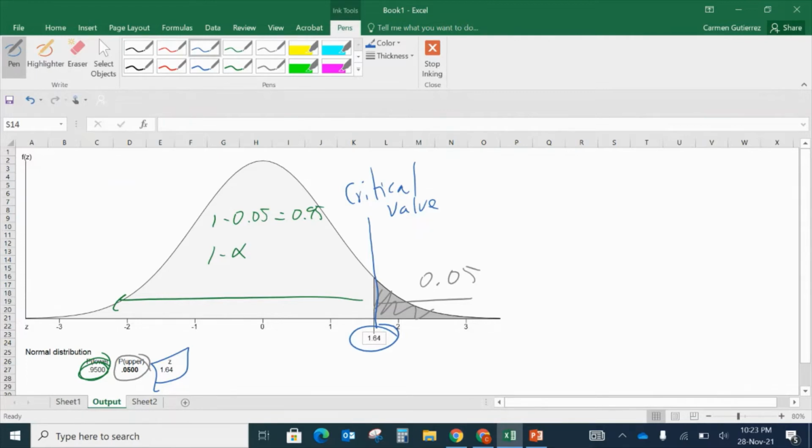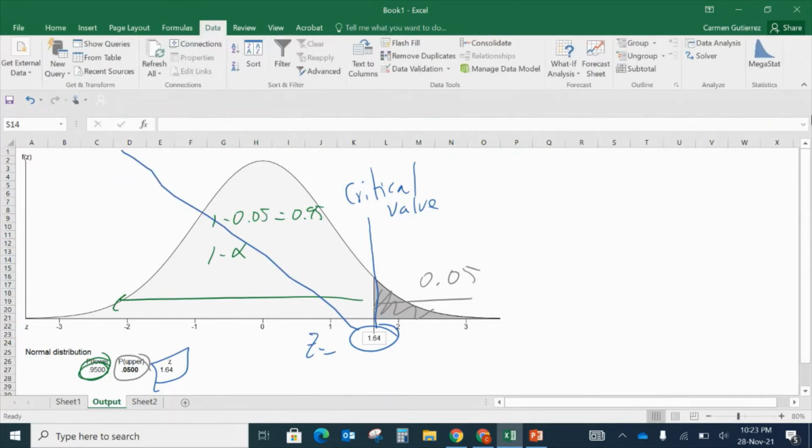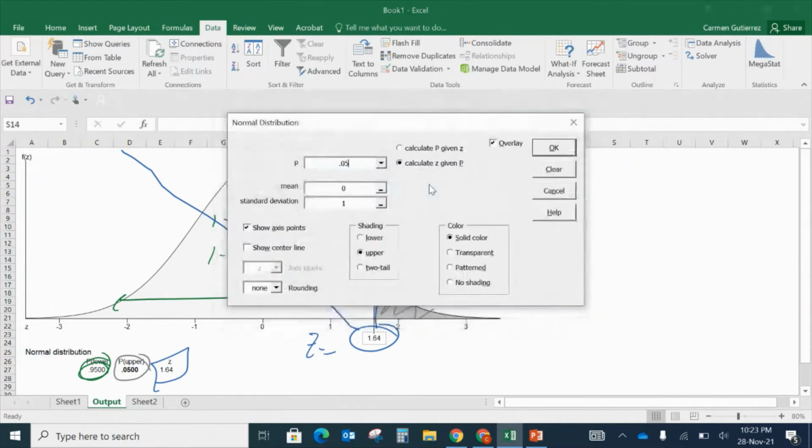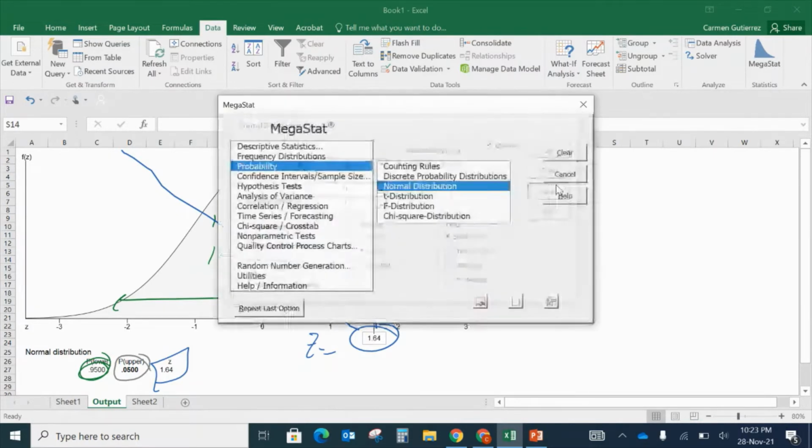So when you're doing the Z value, let me show you once again: data, MegaStat, probability, normal. You just write the Z here and check whether you're doing the lower, upper, or two tails. Calculate Z given P, put your alpha in here, and then choose what area you are shading. That is it.